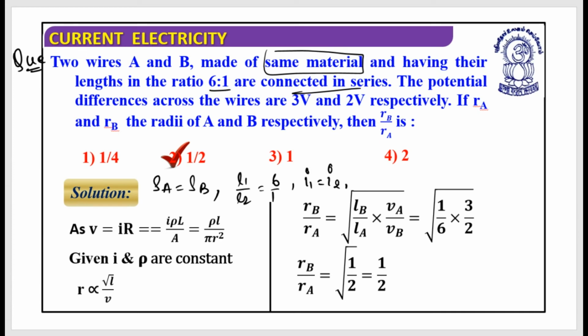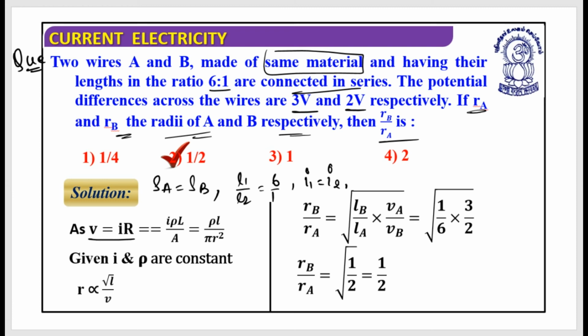The potential differences across the wires are 3 volt and 2 volt respectively. If RA and RB are the radii of A and B respectively, then I need to find RB is to RA. So how could I get it?